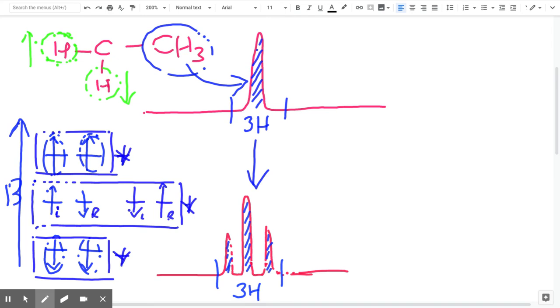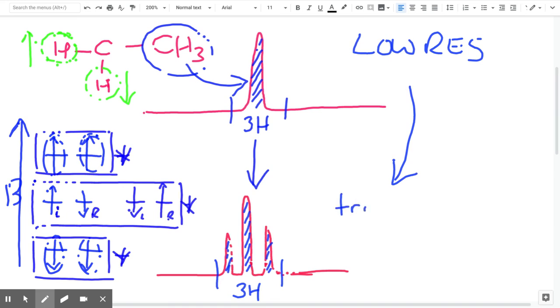So in going from, as we did before, a low resolution spectrum, in this one we split the peak, and this time we see a triplet with an integration height of 1, 2, 1, whereby the peaks are 1, 2, 1 in terms of height order.